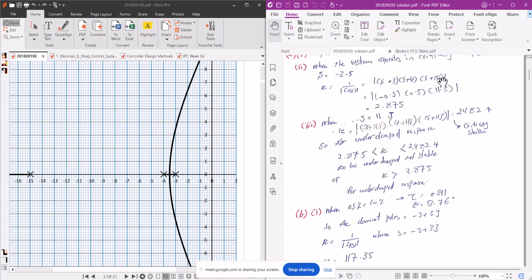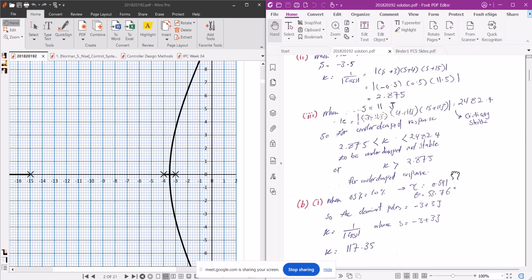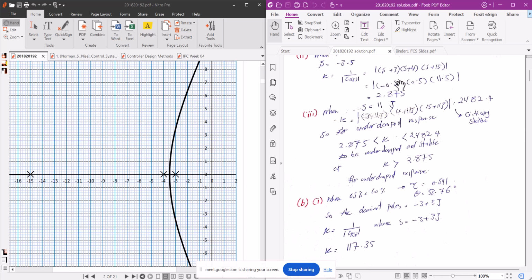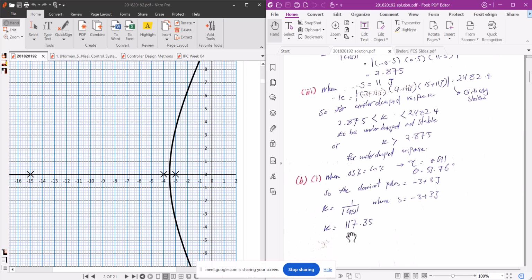You need to solve that. I did this on my calculator, and it comes to be 117.35. So this is the gain at which you will get 10% overshoot.